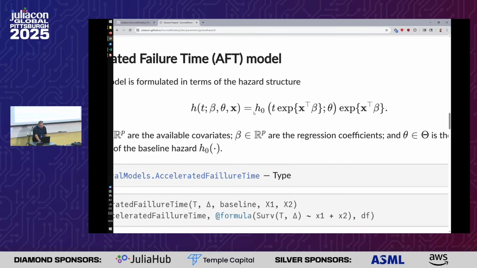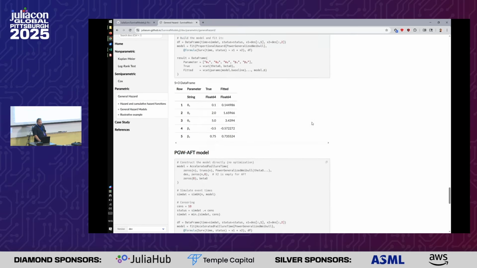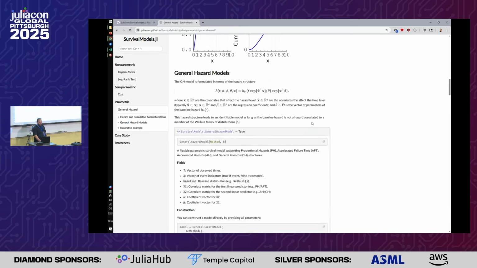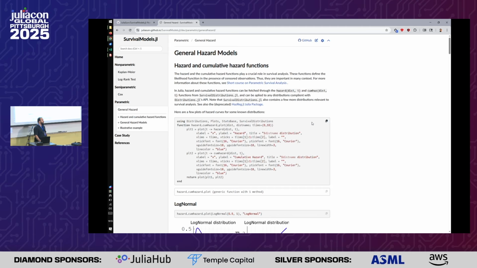The notation here uses h's instead of lambdas, but it's almost the same. There is still the same factor here, but there is another one here, and the beta should not be the same. This is another category of model that encompasses a lot of applications. For the moment, the version that we have is not very fast. We have a lot of documentation and tests, so everything is all right, but the performance is not very good. So we are working on it.